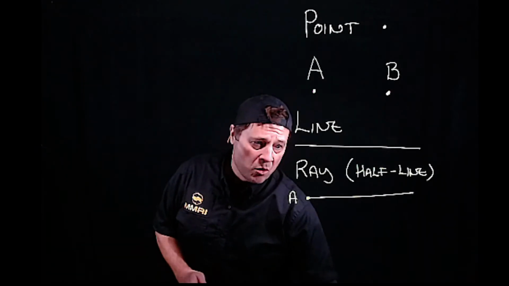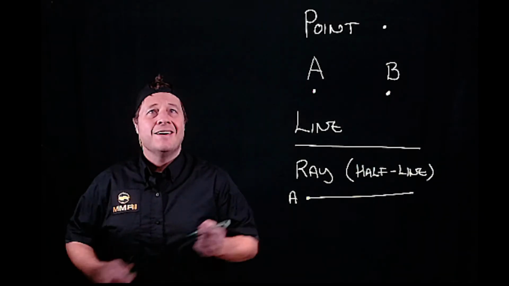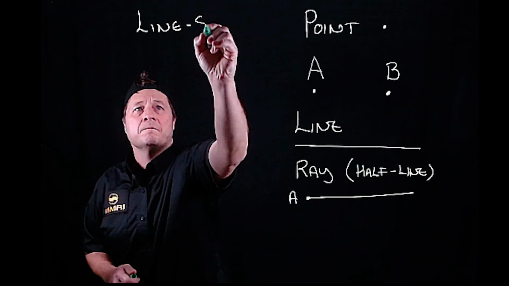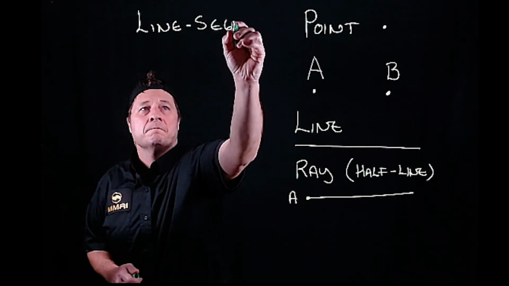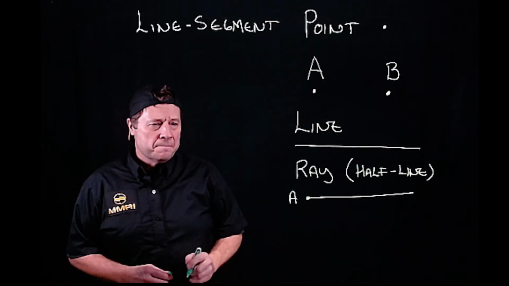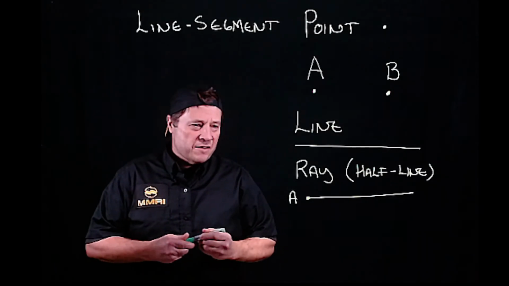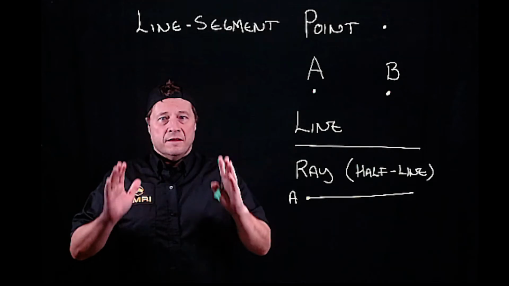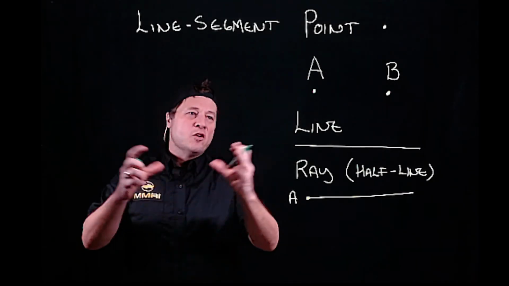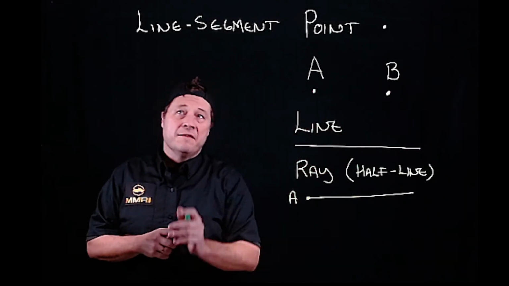Let's talk for a moment about a line segment. Okay, a line segment. So a line segment is the part of a line that lies between two definite points. So imagine we go back to our understanding of a line.